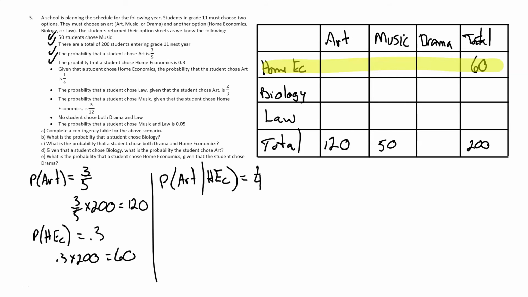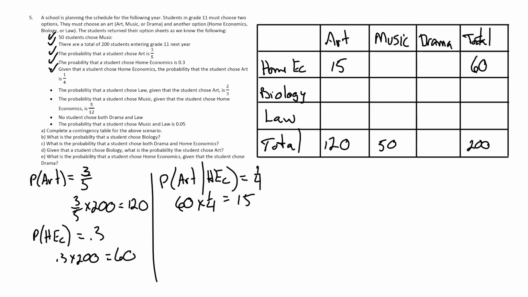We know that any information we're getting is just about that line. So that's telling us that 1/4 of the students who took home economics also took art. So we can take the home economics total of 60 and multiply it by 1/4, which gives us 15. And that tells us how many of those people who took home economics also took art.